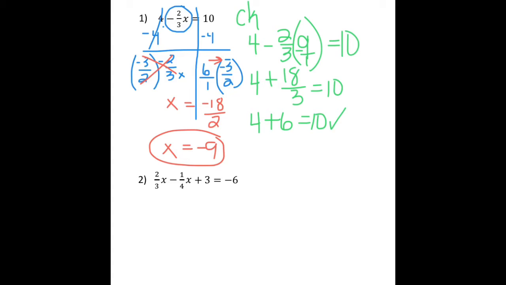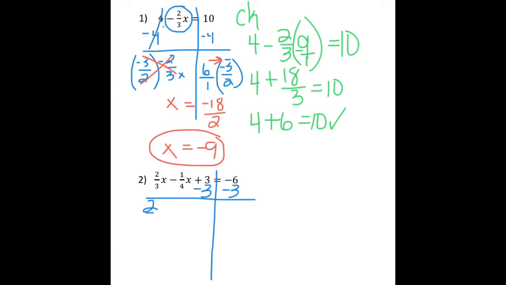All right, let's look at example number 2. In example number 2, I have two variable terms. I have 2/3 x minus 1/4 x plus 3 equals negative 6. So the first thing that I'm going to do is subtract 3 from both sides.